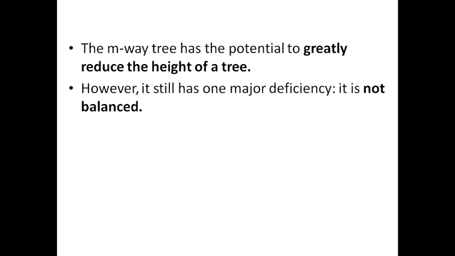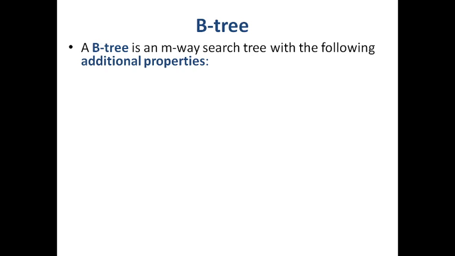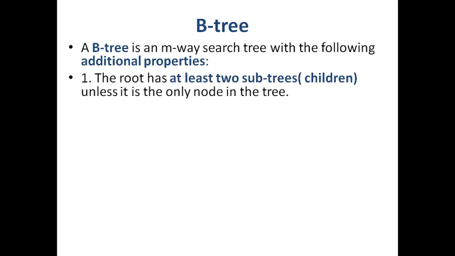But in the case of an M-way tree, you can have a maximum of m minus 1 entries in each node, and as a result the height will get reduced. That's the advantage of an M-way tree, but we are going to make it even better by balancing it. So that is what we refer to as a B tree. A B tree is an M-way search tree with the following additional properties.